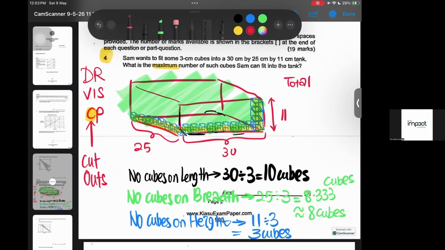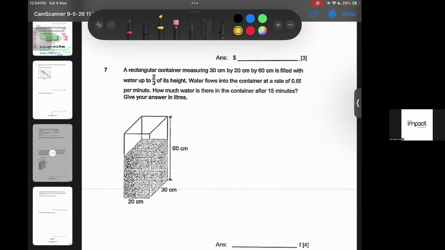You find length, you find breadth, you find height. After that, you just multiply 10 times 8 times 3. In this situation, you get 240 cubes. That is the maximum number of cubes Sam can fit into the tank. Now what happens?